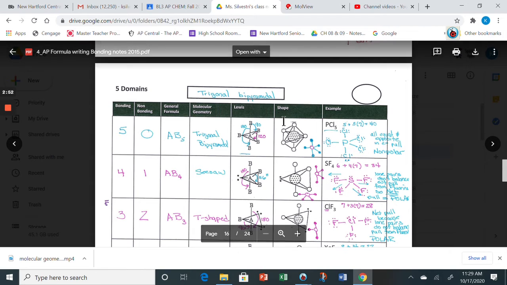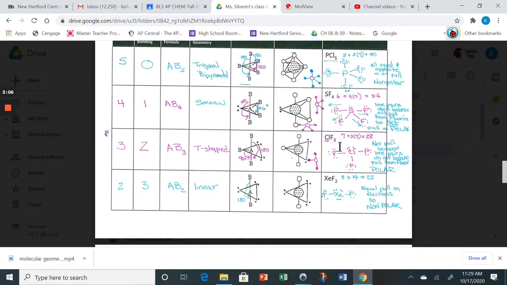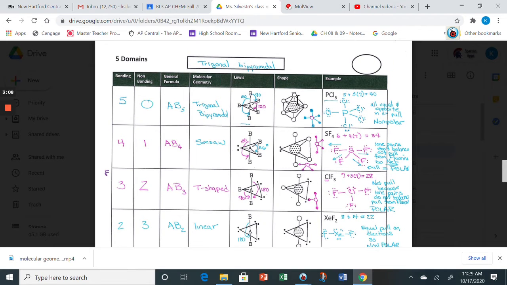Bipyramidal means you have 2 pyramids, one on the top, one on the bottom. That's where the bi comes in. And it's a 3-sided pyramid, so they call it trigonal. And then you have this plane in the middle. So if I took off the top axials like you do later on, you would end up with this thing called trigonal bipyramidal. And actually with the 5 one, you take off the equatorials first.